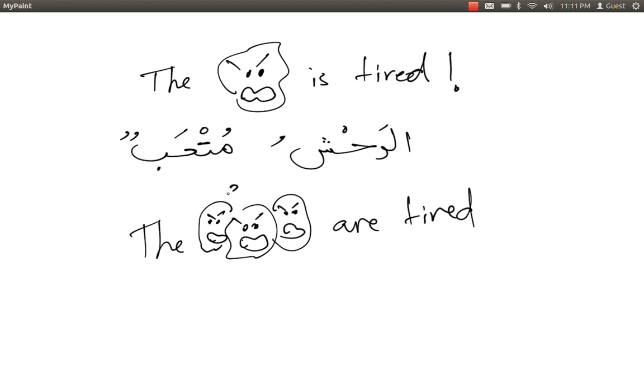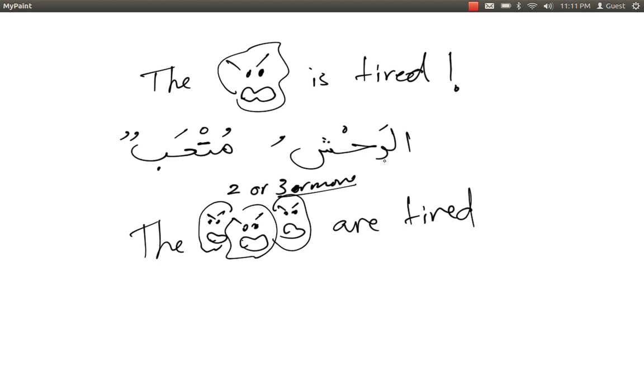Are the monsters 2 or 3 or more? Because in English you do not distinguish between 2 or 3. You only distinguish whether it's 1 or more than 1. In Arabic you have words for 1, you have words for 2, which is the dual form, and words for 3 and above. So we do not consider a word to be plural unless it is describing 3 objects or 3 people and more.